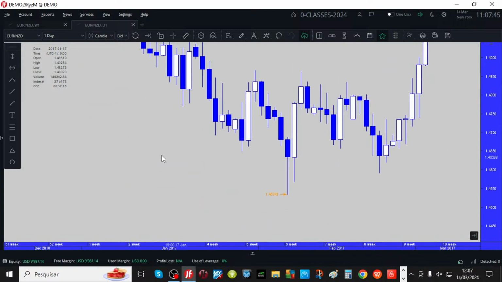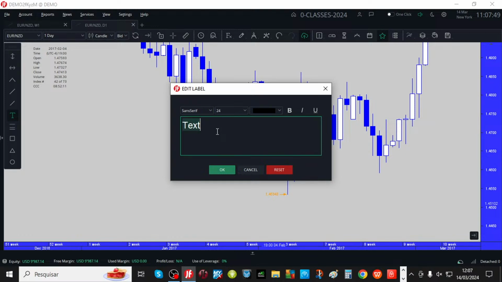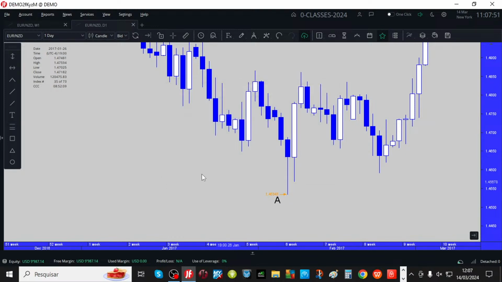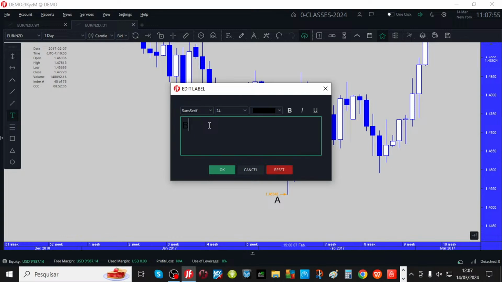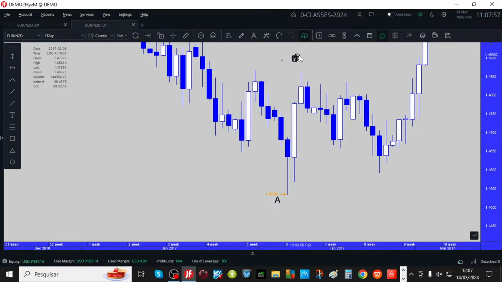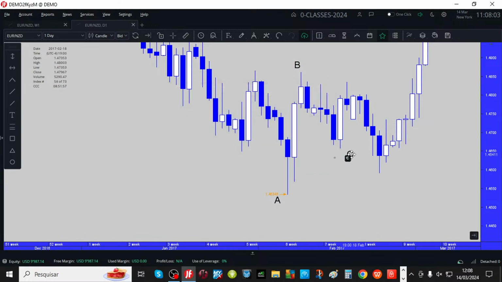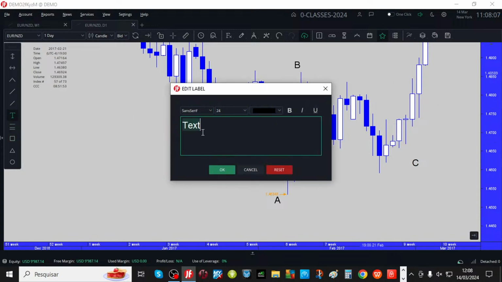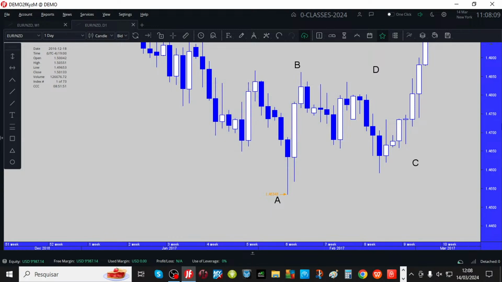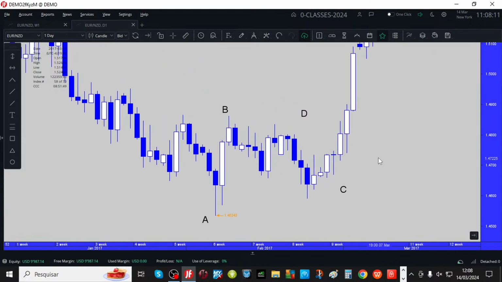We're going to have the A, it's up in here, down in here, B is the first high. As soon as possible after the A, we're going to have the C, which is the lowest point, not necessarily a low, and then we have the appropriate extension. Alright, A, B, C, D.